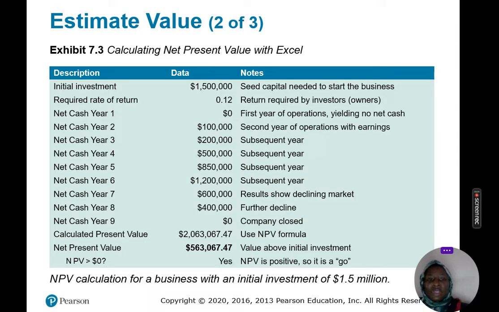If you deduct the initial investment, which was 1.5 million, from the calculated present value after year 9, you get 563,067.47. So this business is a yes, because the NPV is greater than $0.